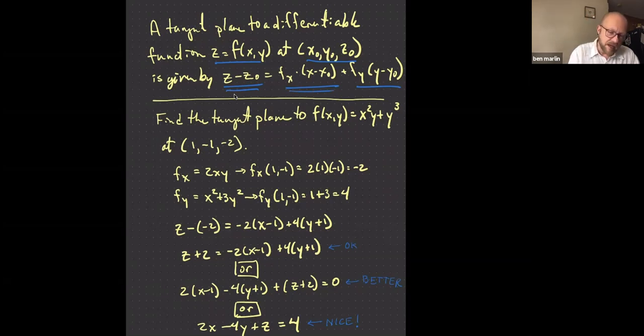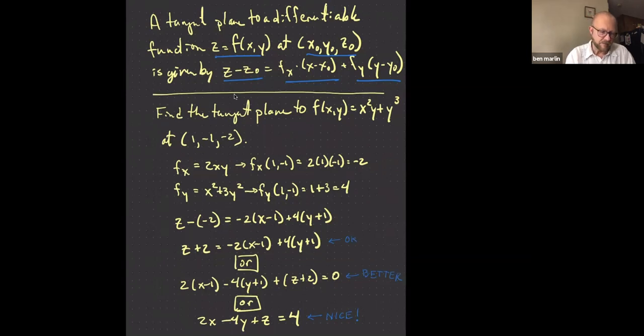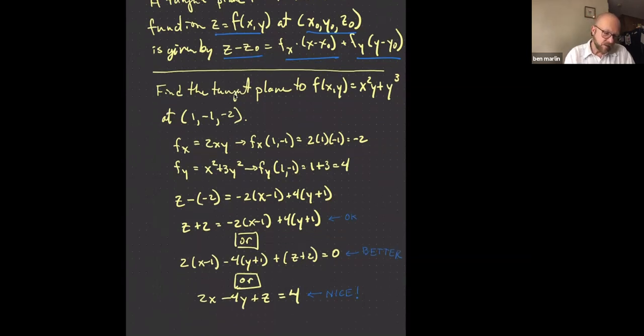The f sub x times x minus x naught is f sub x times delta x. And the f sub y times y minus y naught is f sub y times delta y. So these really are all the same things as we saw in the previous problem, just done a little bit differently, right?